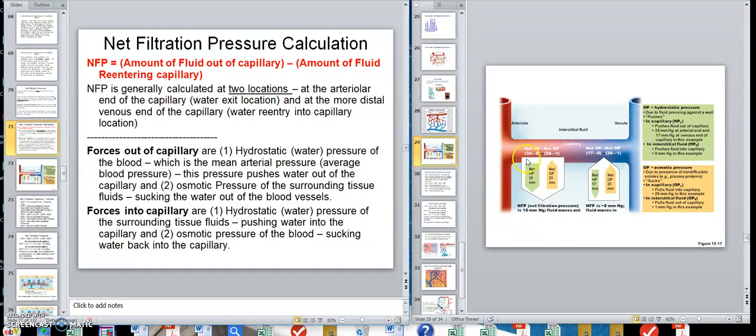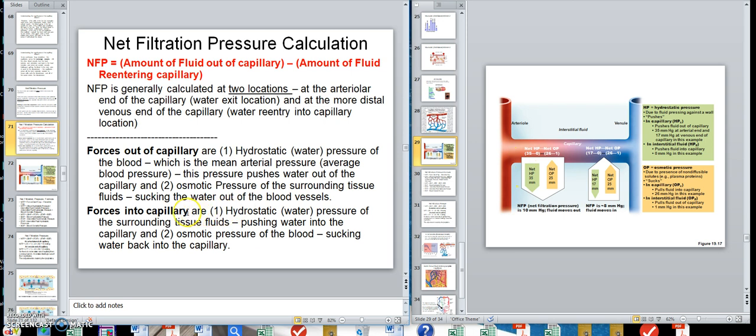But also at this end, you have a suck-out force. Osmotic pressure is a sucking pressure. Remember in ANP1, hyperosmotic, isoosmotic? So solutions outside here will suck water out. So the two forces out of the capillary are the hydrostatic pressure of the blood and the suck-out pressure of osmosis.